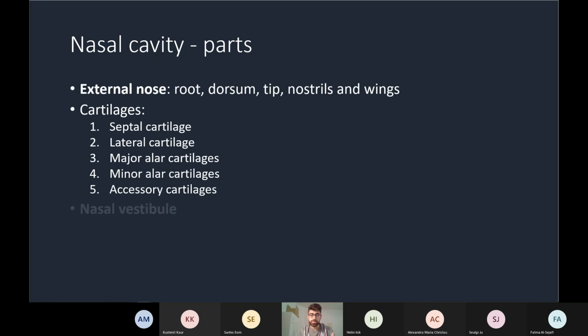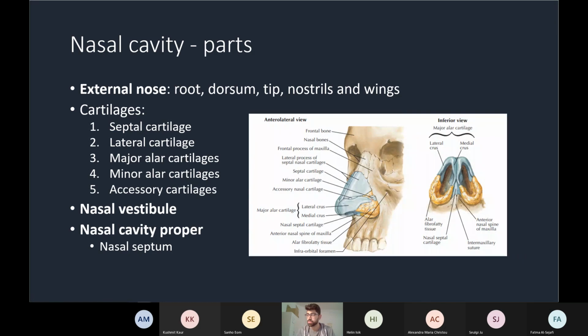So we have the external nose, which is what you can see. This is the external nose with obviously the skin removed, and the muscles and vessels. Everything has been removed. All we can see here are bones, and we can see cartilage, and we can see a little bit of fatty tissue, just to show you how the structure of the external nose is formed. So the most important things to understand here are the different types of cartilage we have.